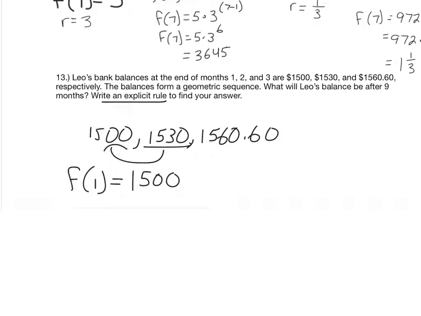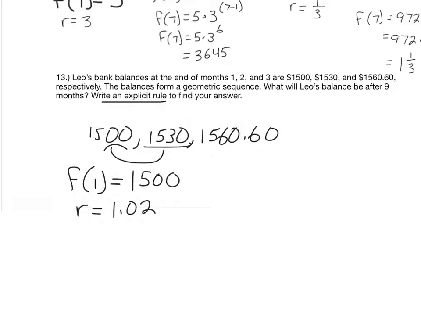And if you do that, you get 1.02, which if you change that to a fraction would be 51 over 50. In this case, I'm just going to leave it as 1.02. It could be easier to just leave it as a decimal in this case. Okay, so 1.02 would be your common ratio, and your first term is 1,500.